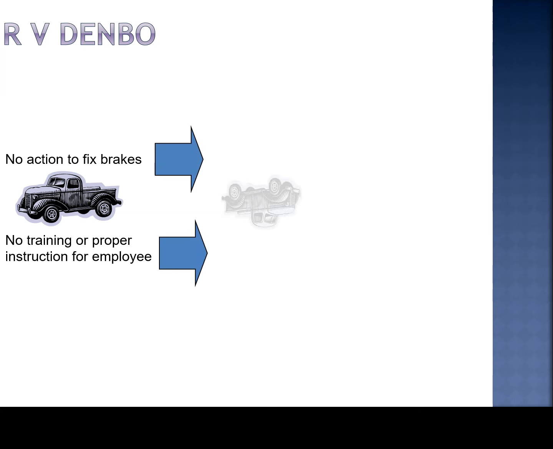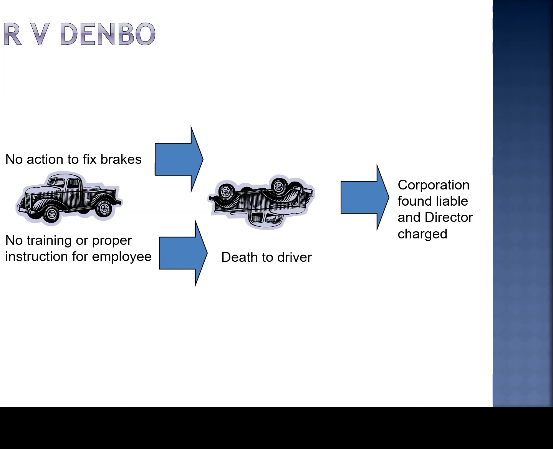Now, tragically, the truck overturned and the driver was killed in the accident. Now, the corporation was found liable and the director charged because of recklessness and successfully prosecuted for manslaughter.